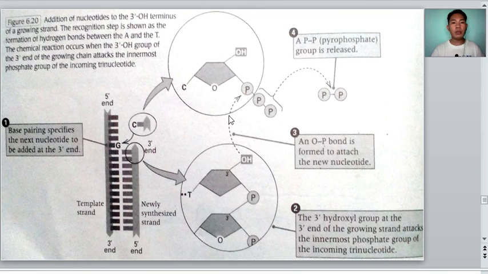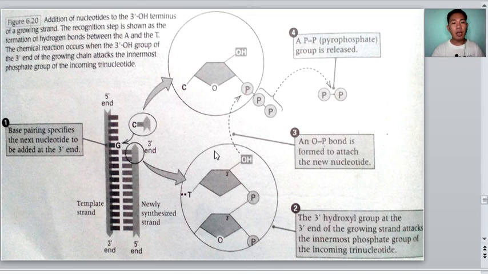This illustration shows that the recognition step is the formation of hydrogen bonds between the adenine and thymine.